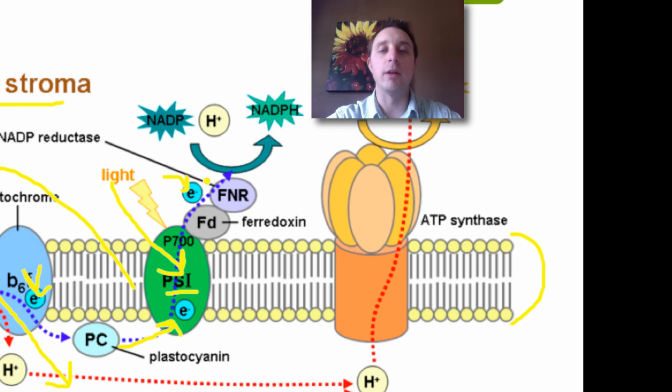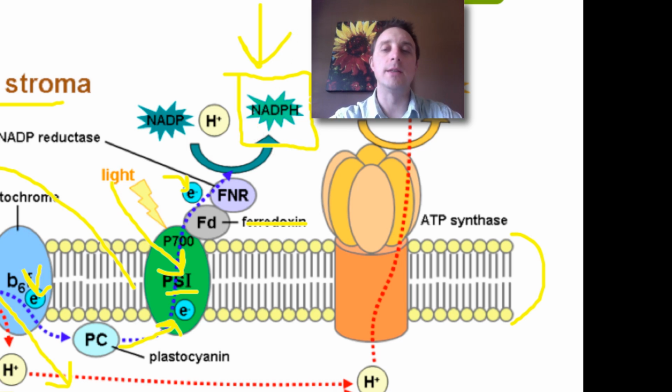So this electron now from PS1 goes into this very, very short electron transport chain. And again, don't worry about the names of these molecules. You don't need to worry about that. But you do need to know this molecule right here. This electron from photosystem 1 goes and becomes part of this molecule, NADPH.